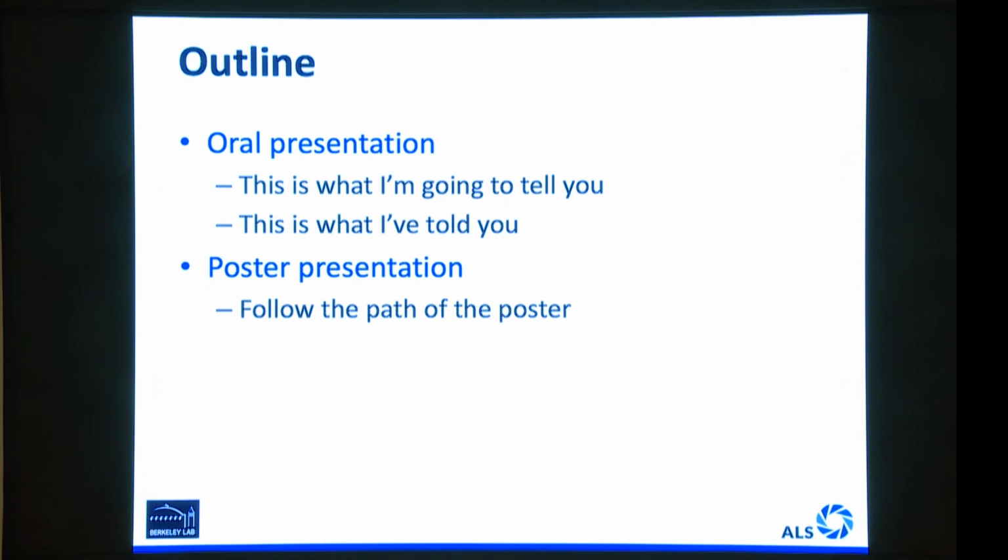So for poster presentations, again, you may be standing next to your poster, you might not be standing next to your poster. So you want to think about what happens if you're talking to people and you're able to point to different things on your poster. So is your poster arranged in a way that makes sense?